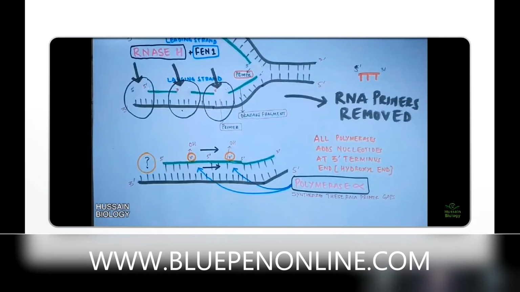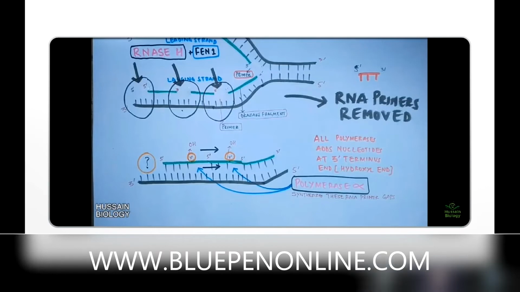Yes or no? What about the first gap? That is 5 prime. We cannot add deoxyribonucleotides into that gap. Yes or no?